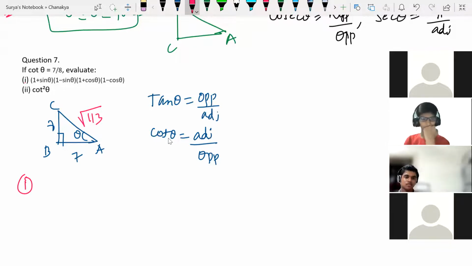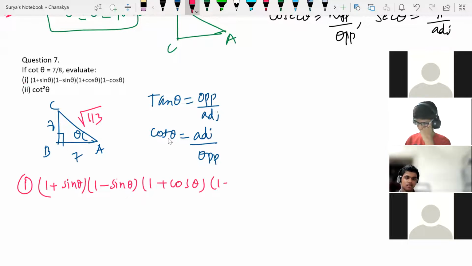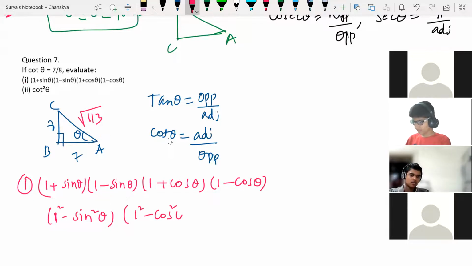So I need to find 1 plus sine theta into 1 minus sine theta, into 1 plus cos theta into 1 minus cos theta. Look at this here. 1 plus sine theta, 1 minus sine theta can be written as (A plus B) into (A minus B), which is A square minus B square. Can I write A square minus B square?